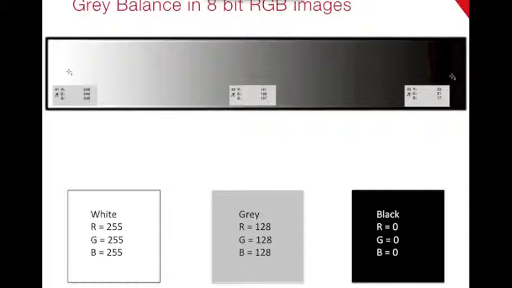In the information we've taken here from Photoshop, you'll see that although here the values aren't identical, they're very, very similar. And in fact, this is caused by the profile.